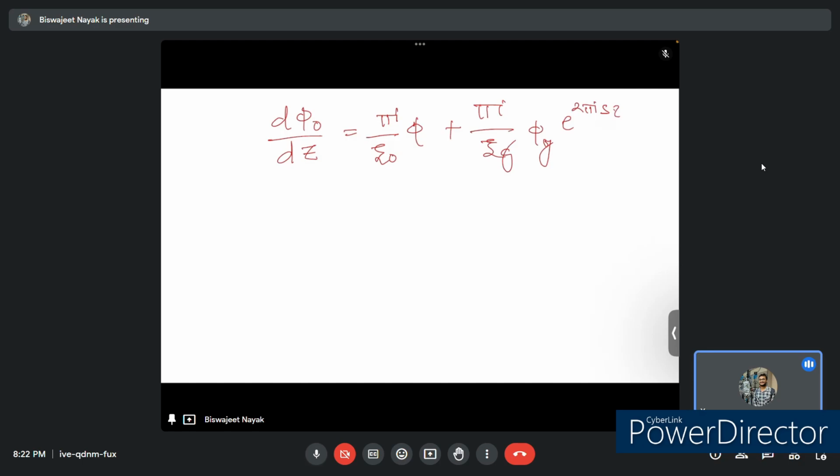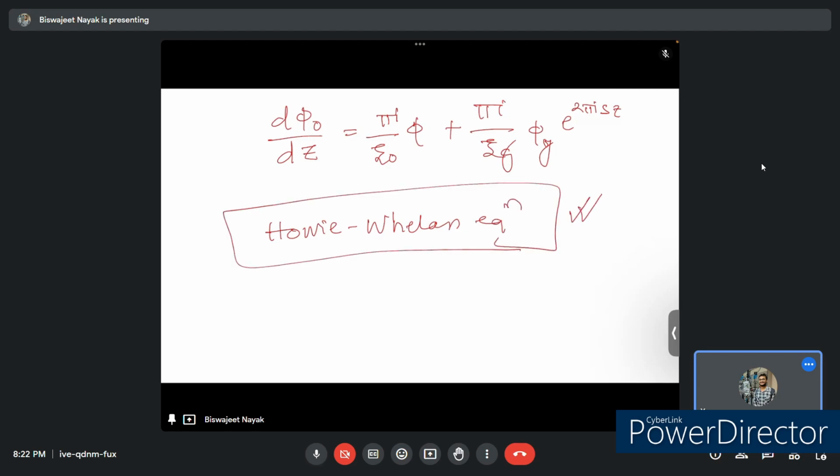So this pair of equations is called the Howie-Whelan equations. This helps in understanding the diffraction contrast in TEM.